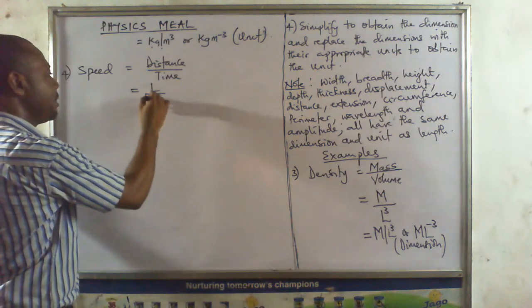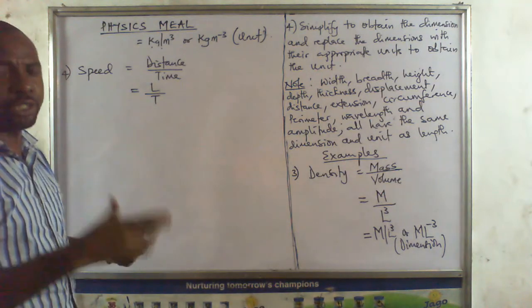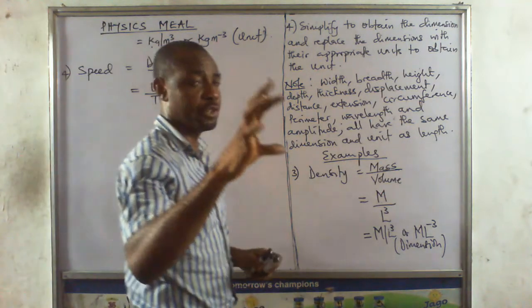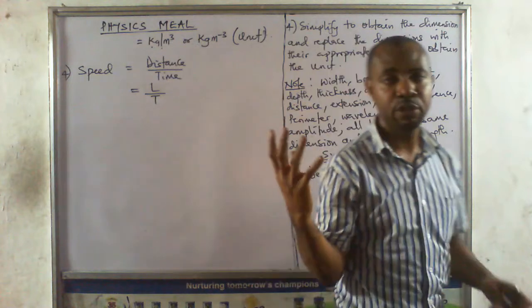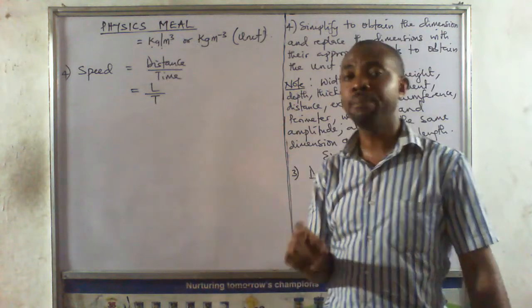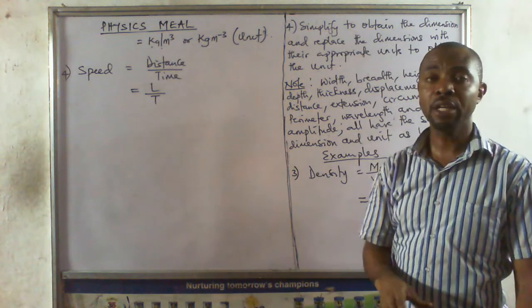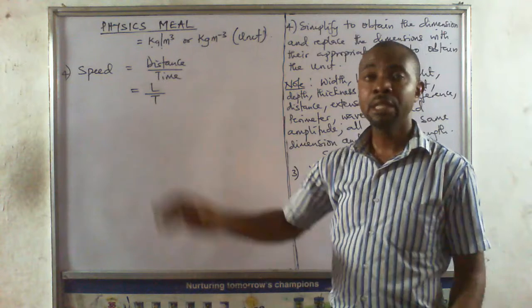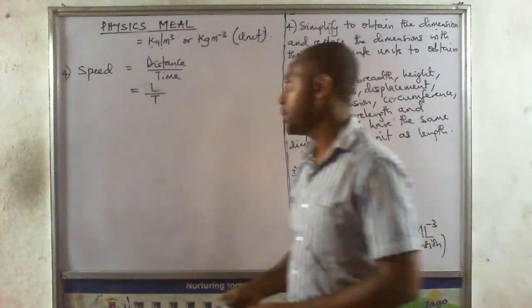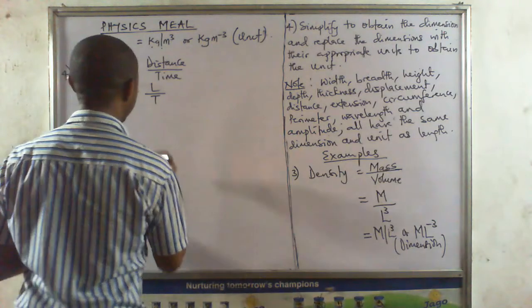Time, we know the dimension is T. It's in your table. If you did not watch the first video on this concept of measurement, it is very important that you go through that video so that you can understand how we obtain these dimensions of the fundamental quantities. Then we simplify.